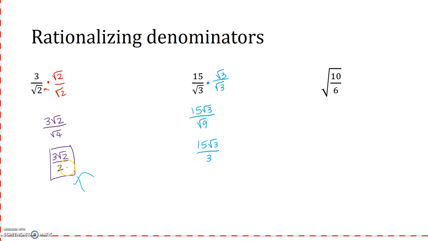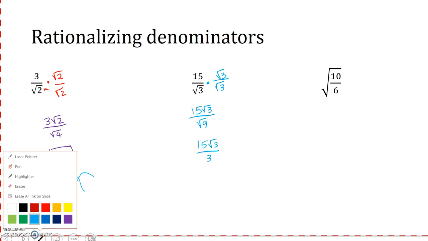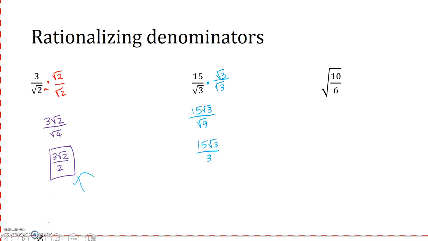In the first one we did, we couldn't. 3 does not go into 2 evenly. But in this case, 15 is divisible by 3. 15 divided by 3 is 5. Now I can't divide the 3 and the root 3 because they're not really like terms. They don't really cooperate well with each other, as we say. So 15 over radical 3 is the same as saying 5 root 3.